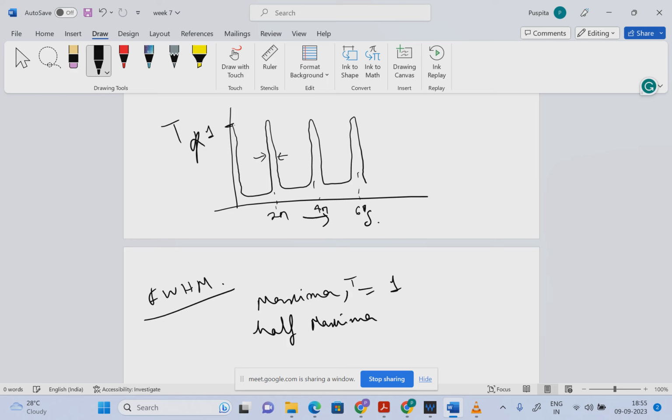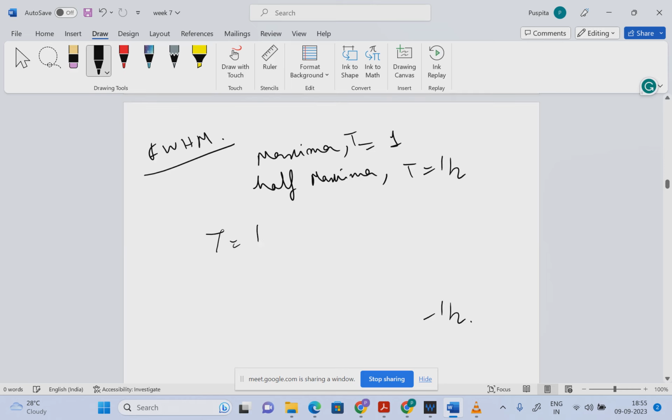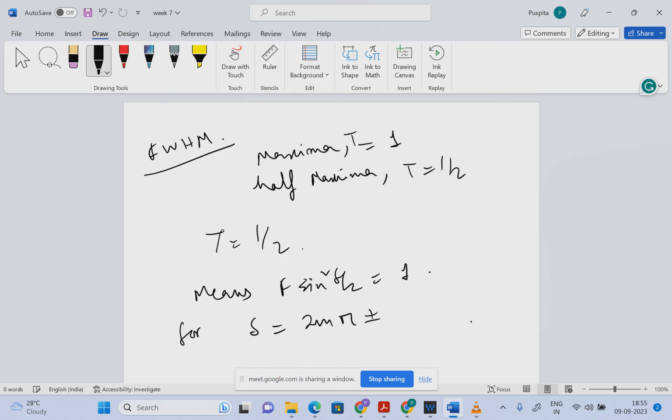Maxima is when T is equal to 1. Half maxima is T equal to half. So T equal to half means F sin square delta by 2 needs to be 1. For that, delta needs to be 2m pi plus minus delta by 2.